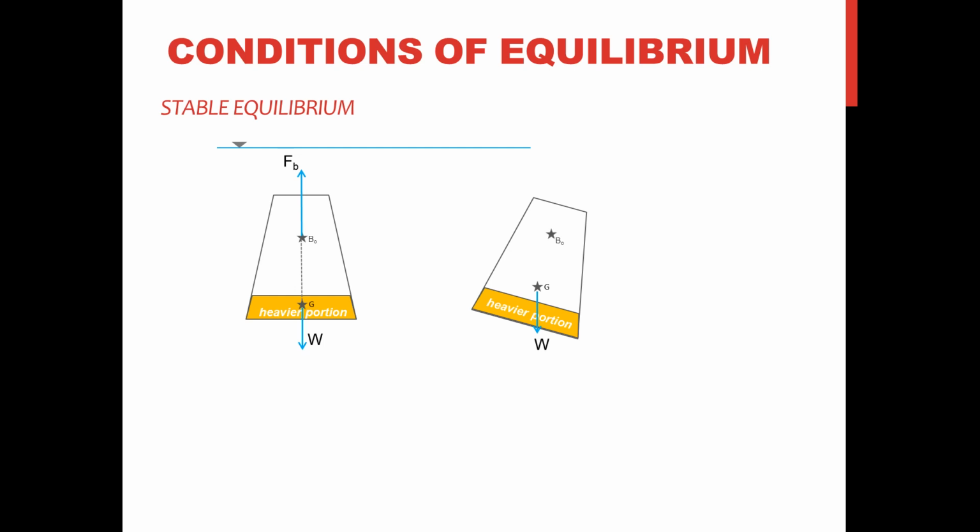And then we have the center of buoyancy, which is the location of the buoyant force going upwards. Now as you can see, there will be no collinearity between the center of gravity and the shifted center of buoyancy.